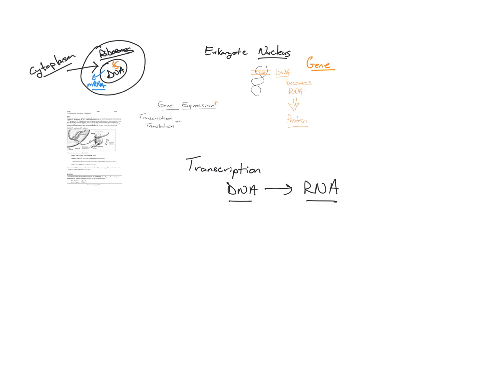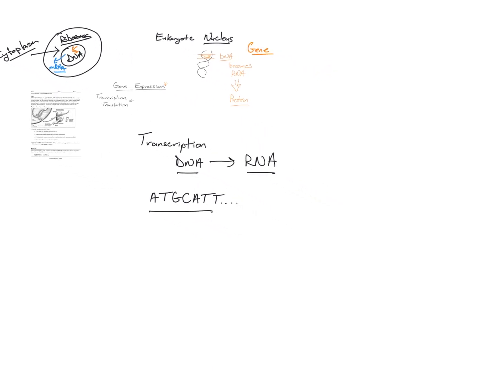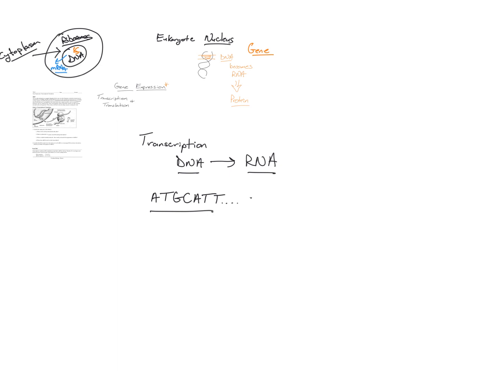What message am I talking about? A sequence of letters. A, T, G, C, A, T, T, etc. That is DNA, as I've taught you before. T is found in DNA, so thymine, T, is only found in DNA, and it needs to get converted. And we're going to use base pairing.